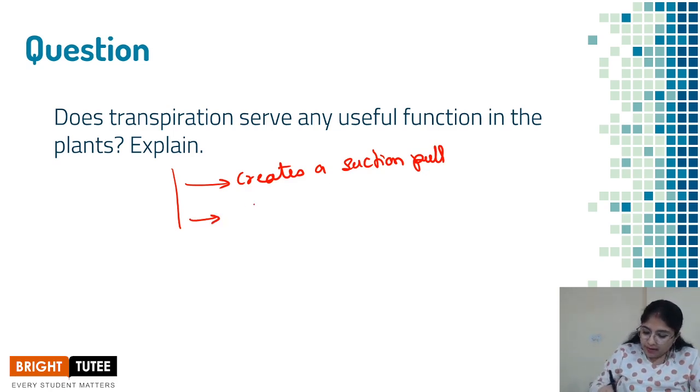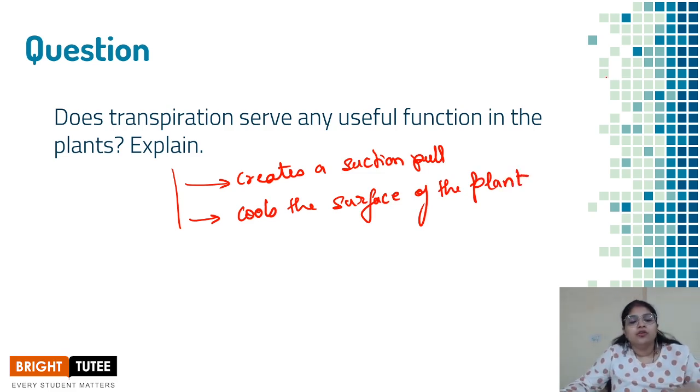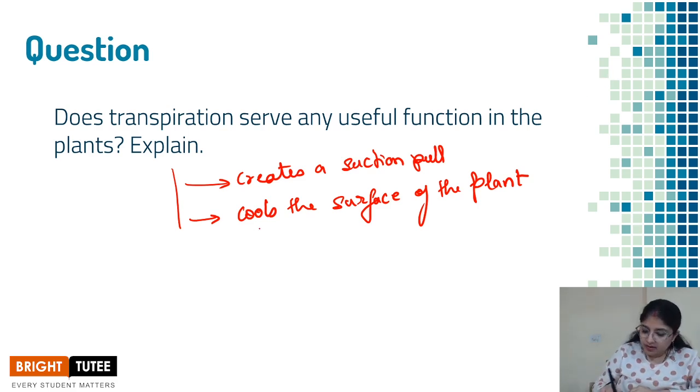Then, apart from that, it also cools the surface of the plant, so it provides a cooling effect. Whenever it's really hot, the transpiration rate increases because of the temperature. Also, it helps in keeping the temperature of the plant cool, right?